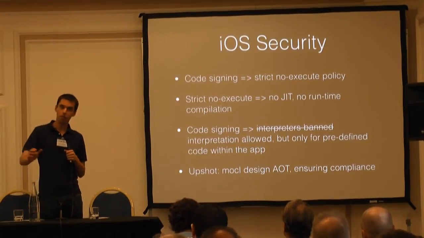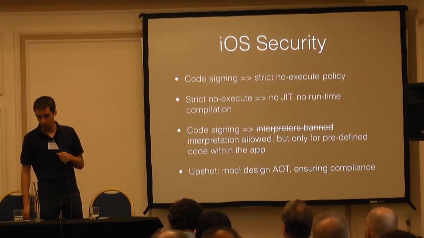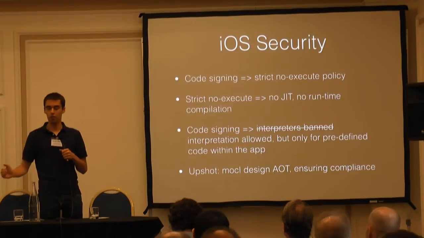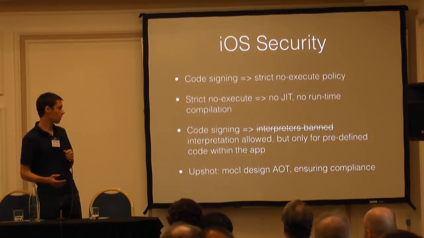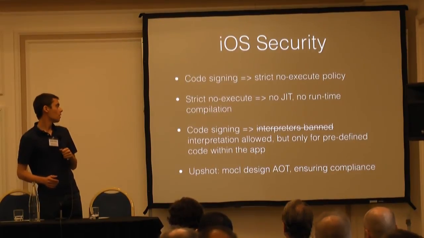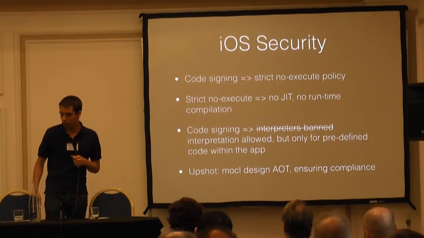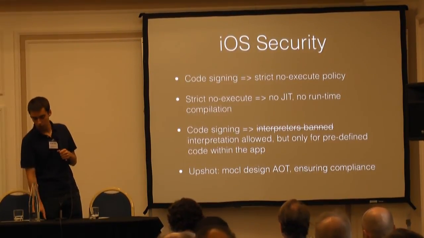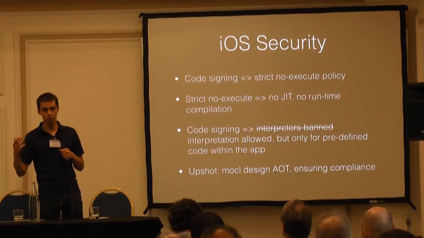On the other hand, one possible loophole in all this is interpreters. Because interpreters are not running true machine code, the checks just don't catch that. And because of this and possibly other reasons, Apple initially banned interpreters. That has since been loosened up, and there are rules around, well, the code must be predefined.